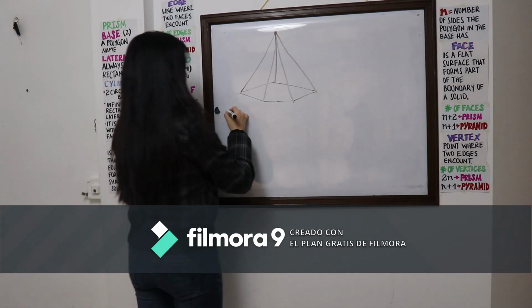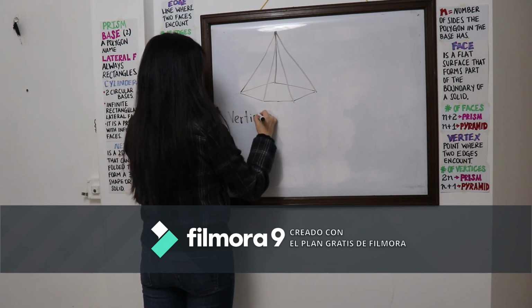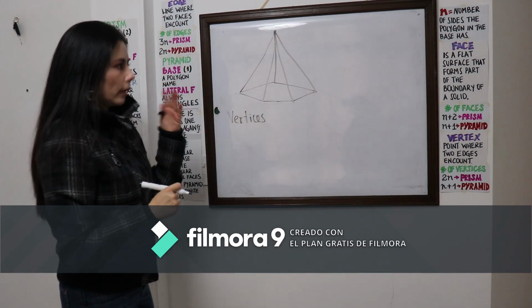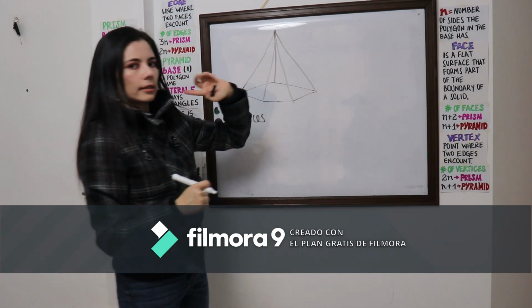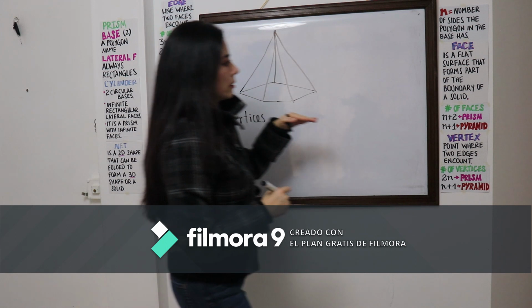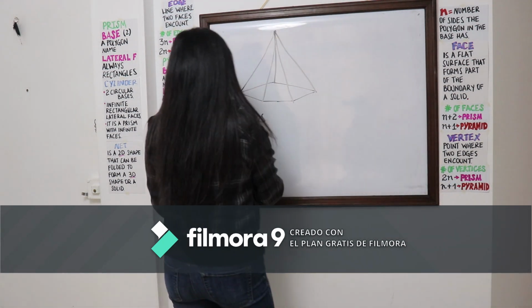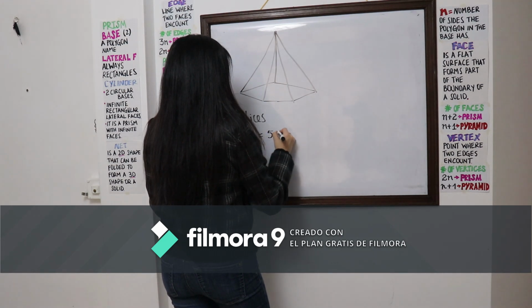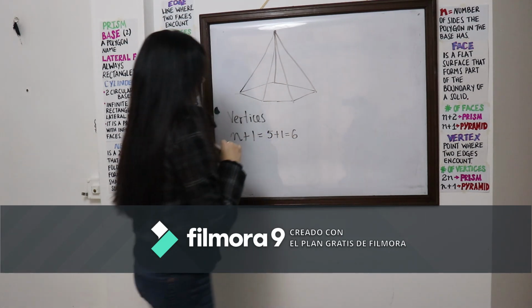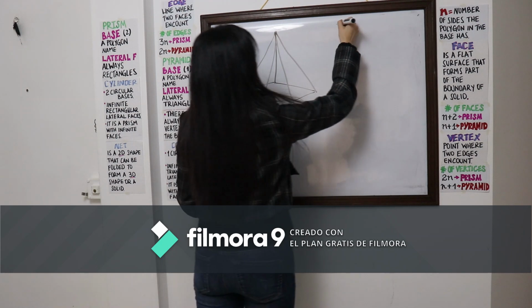Now again, the vertices, it makes sense if we think about 1, 2, 3, 4, 5, and the 6th that is on top of the base. But we can just say that's n plus 1, which is 5 plus 1, that's 6, right? How about the edges?